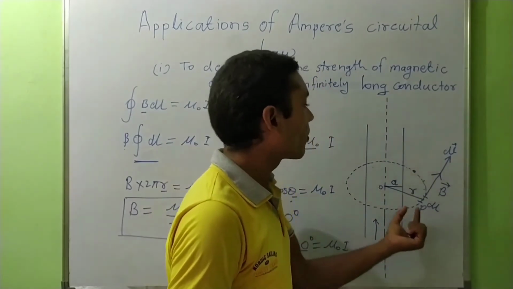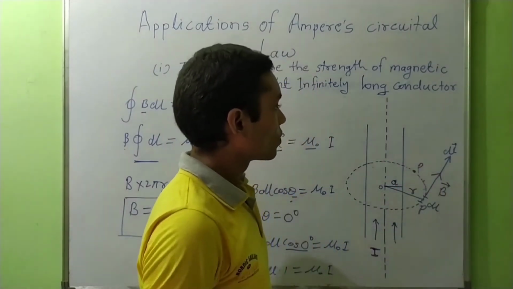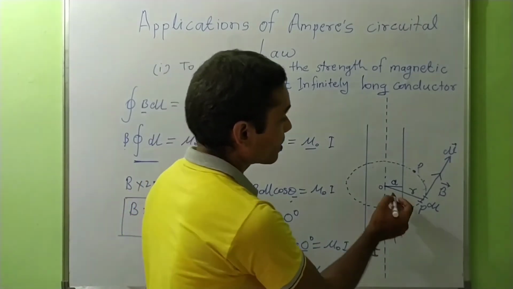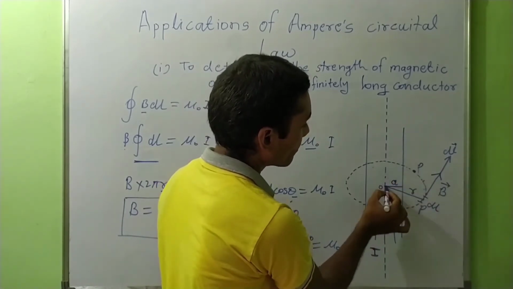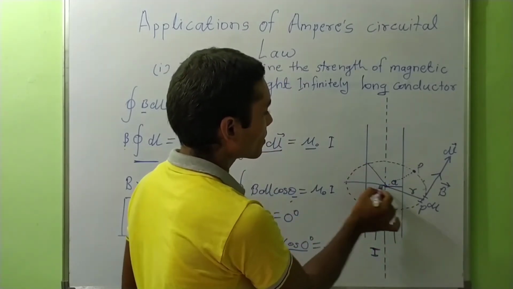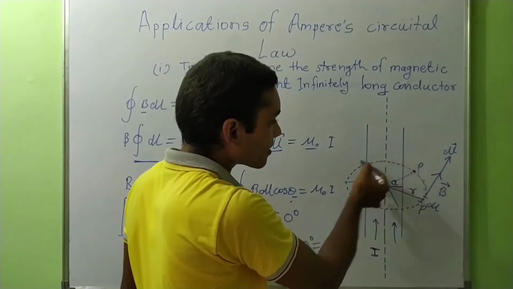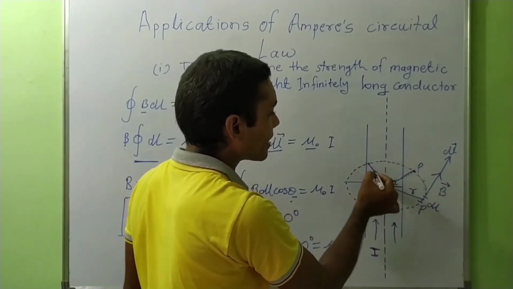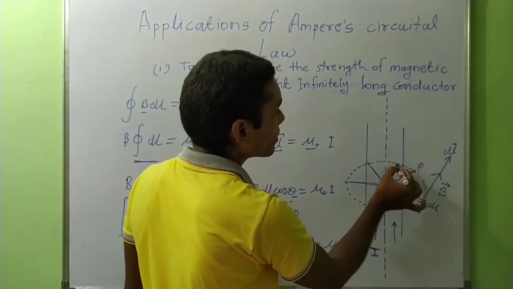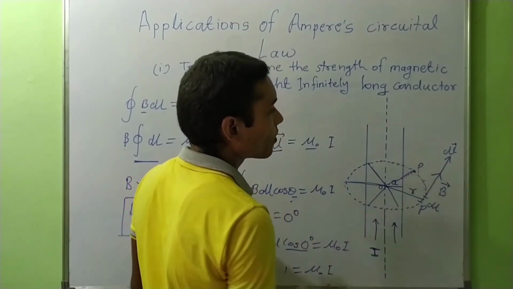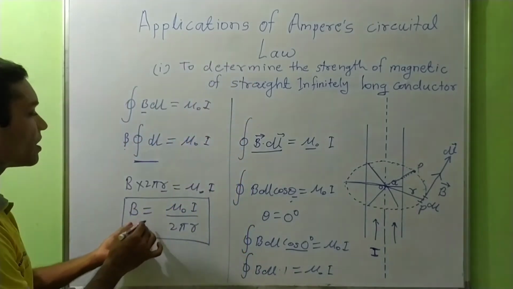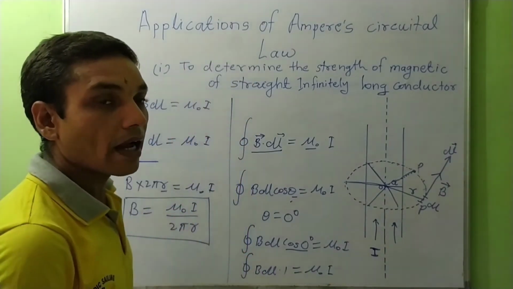If this observation point were here, what would be the intensity or magnitude of magnetic field? Because the distance of this point from the origin or this axis is the same, because this is a circle and these are the radii of the circle, at each point on this Amperian loop the magnetic field will be the same, and that will be B equal to mu naught I upon 2 pi r.